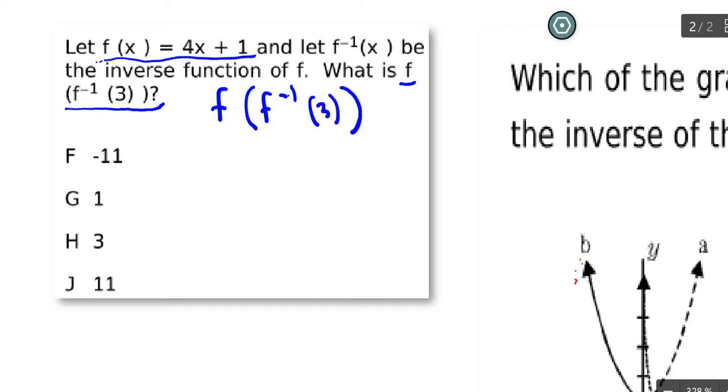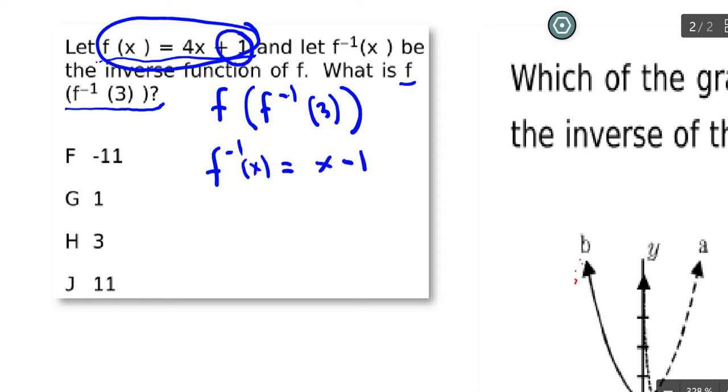What we need to do first is find f inverse of x. We can build it mentally like I taught you in class. It's going to be subtracting 1 and then dividing by 4.